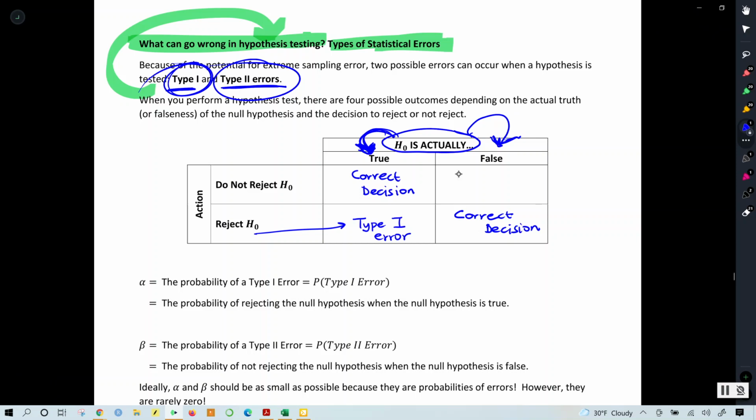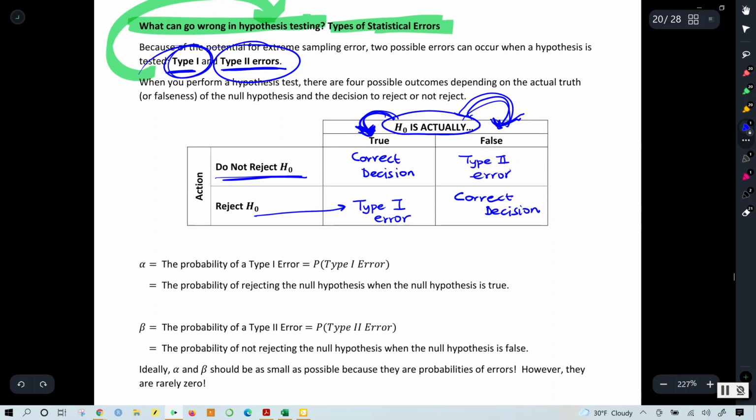Whereas type 2 error arises when the null hypothesis is actually false and we fail to reject it. That is an erroneous decision. So these are two errors that can occur.